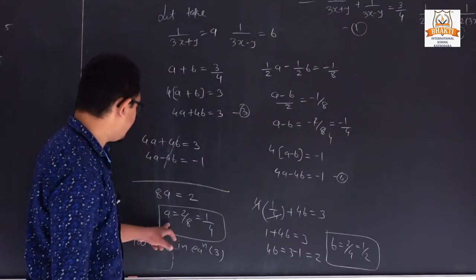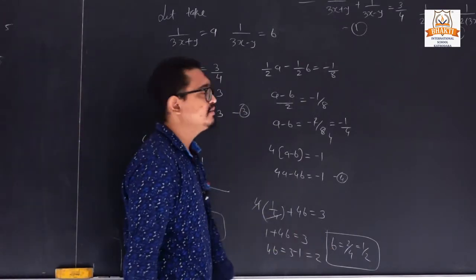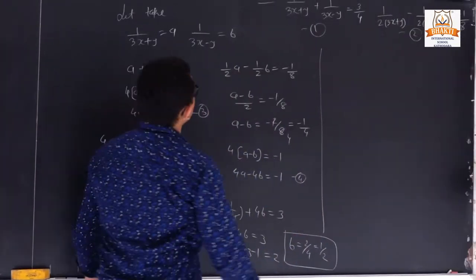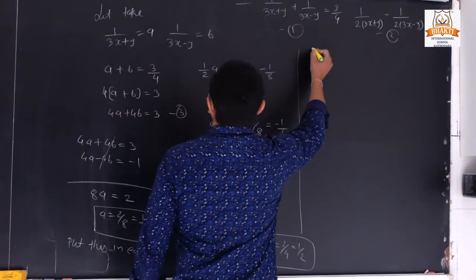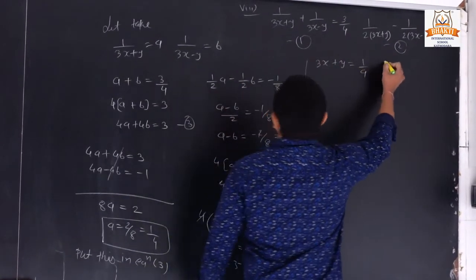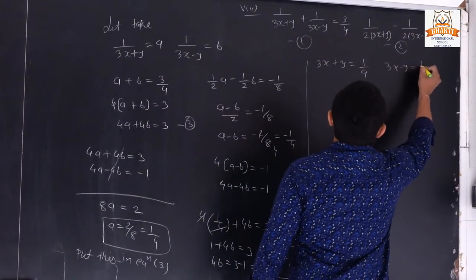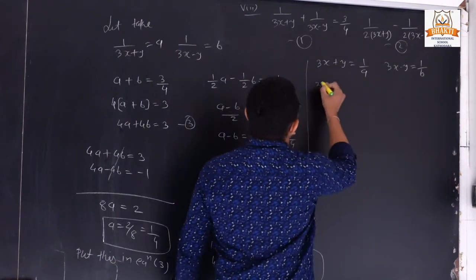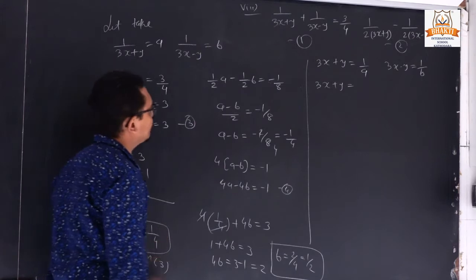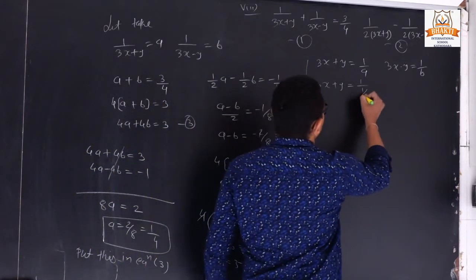So now we have a value of a as well as b. So we can put the value. So 3x plus y is equal to 1 upon a and 3x minus y is equal to 1 upon b. So 3x plus y, what is the value of a? It is 1 by 4. 1 upon 1 by 4.